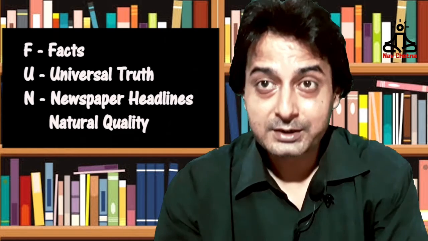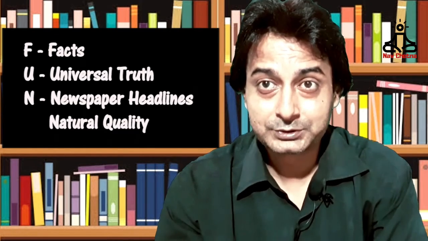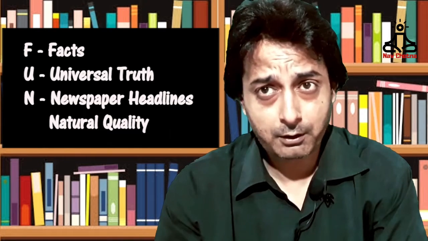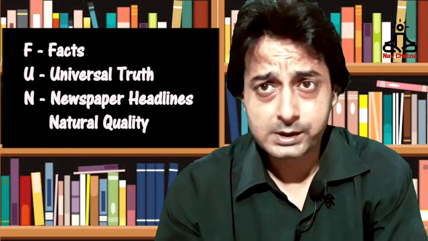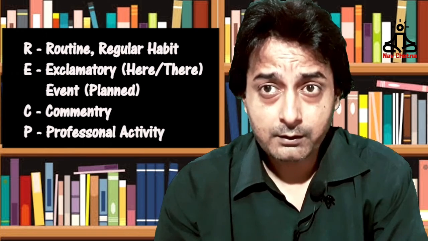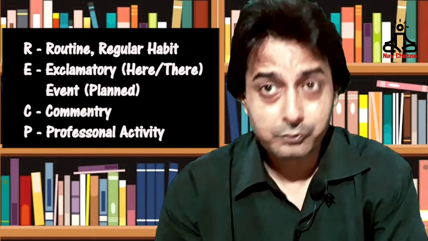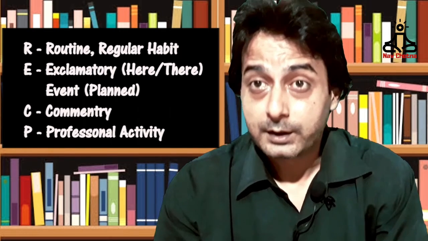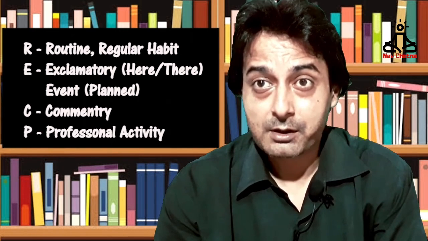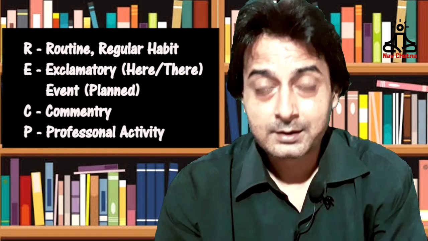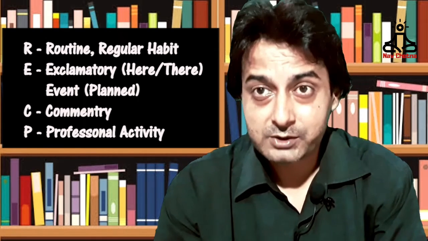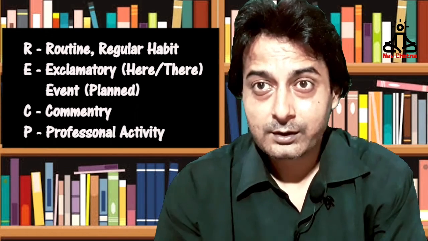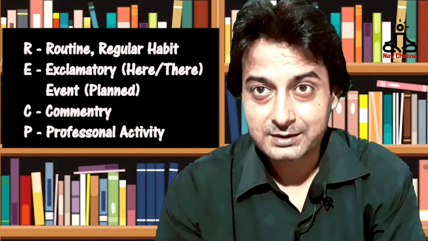F for facts, U for universal truth, N for newspaper headlines or natural quality, R for routine or anything that you do regularly, E for events that are planned, C for commentary, and P for professional activity.